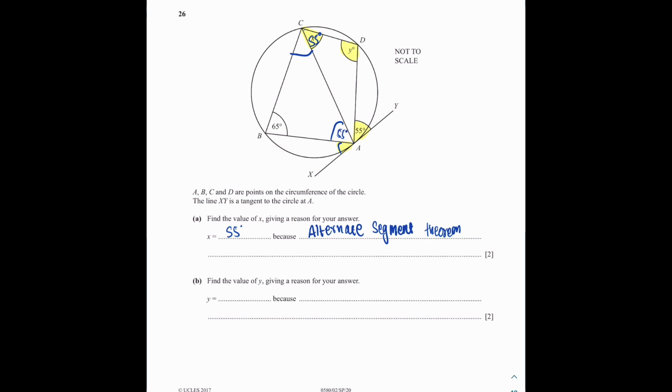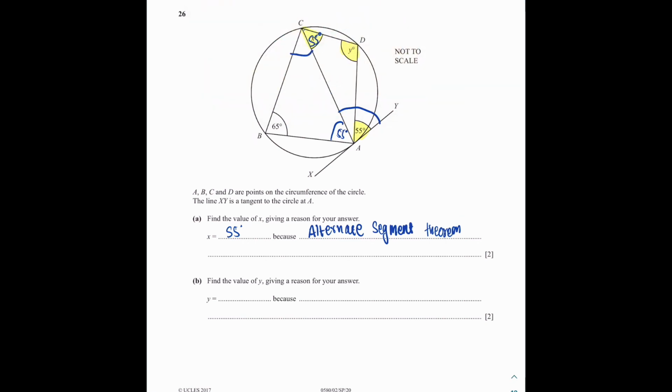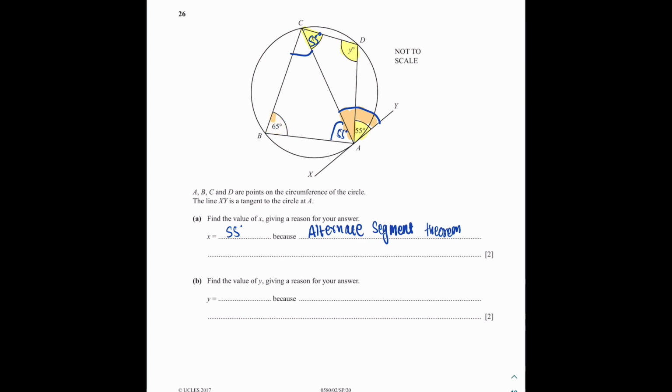Oh, okay. Oh, all right. This region right here, let's use an orange one, would equal this region right here. So this whole thing is 65 degrees, same alternate segment theorem. This opposes this because this opposes this and this opposes this.